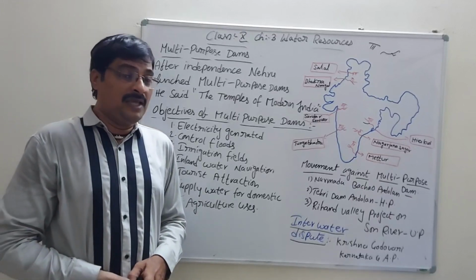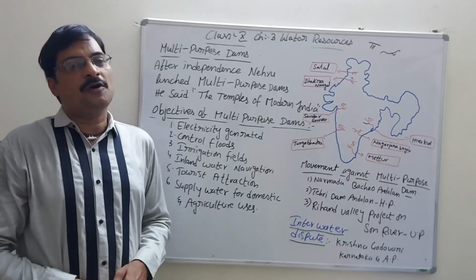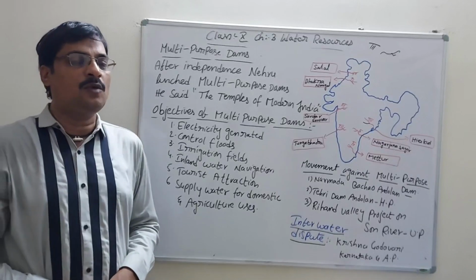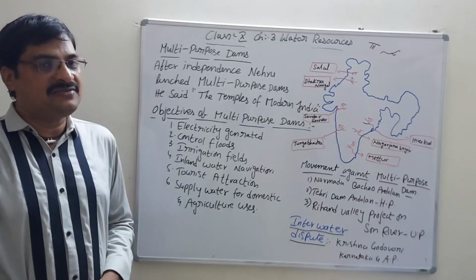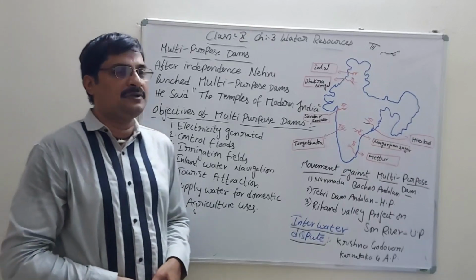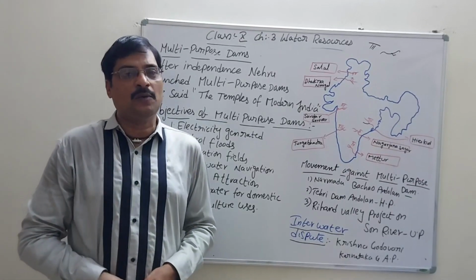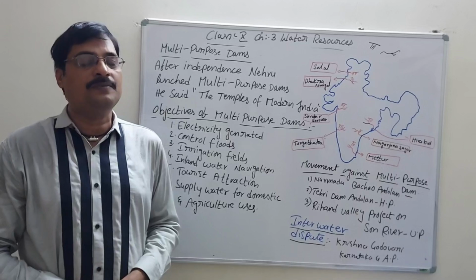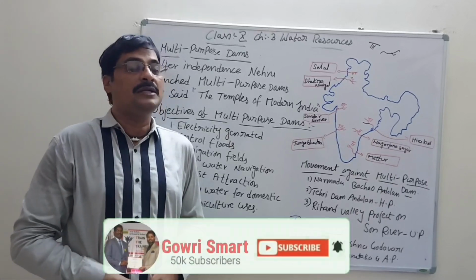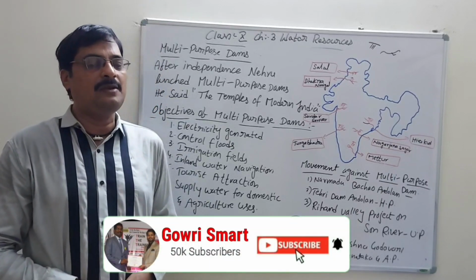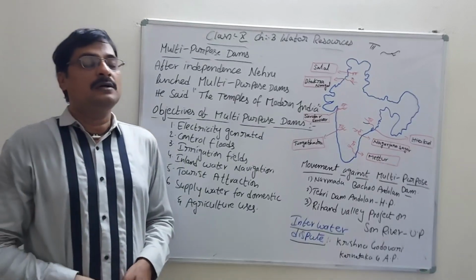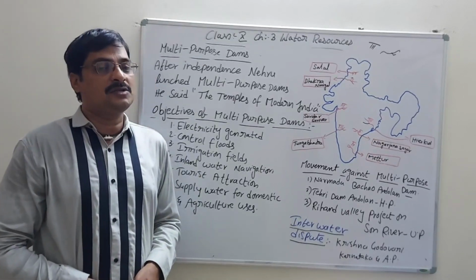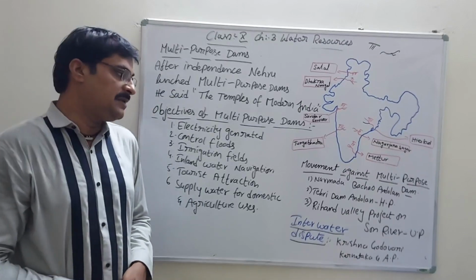For this reason, all the laborers, farmers and people wanted to raise their voice, and they started a kind of revolution, the Narmada Bachao Andolan, to stop the construction of dams. The main motto of this revolution is to stop the projects constructed on the river Narmada.